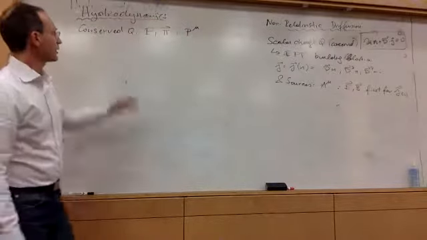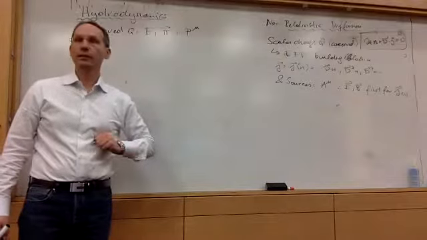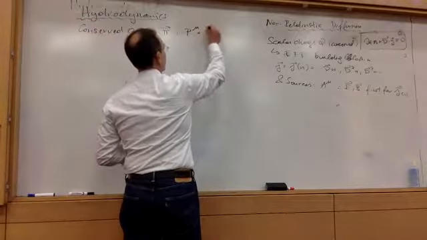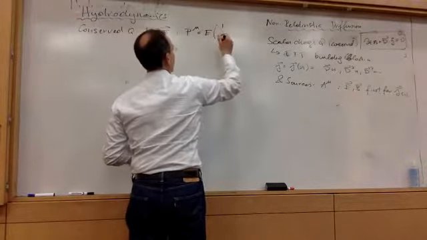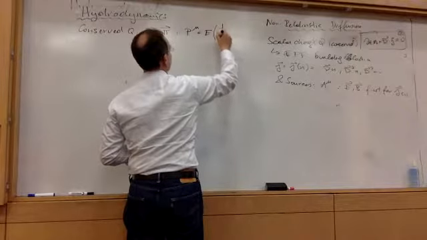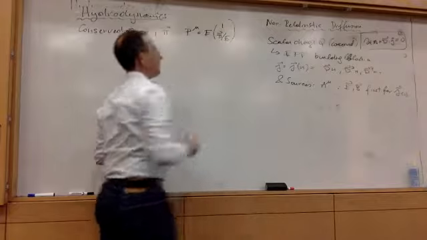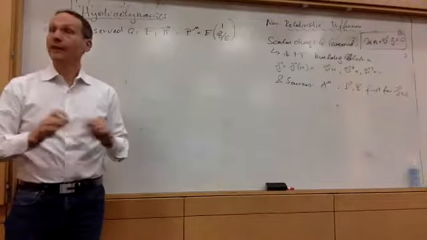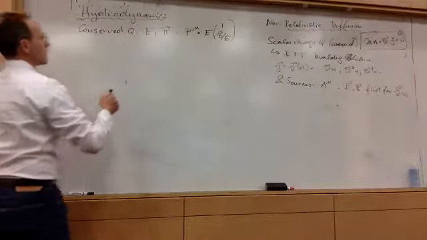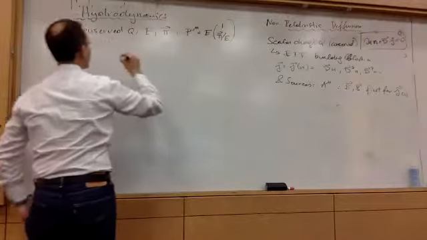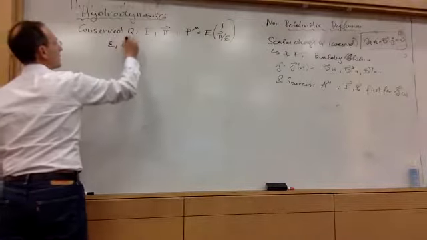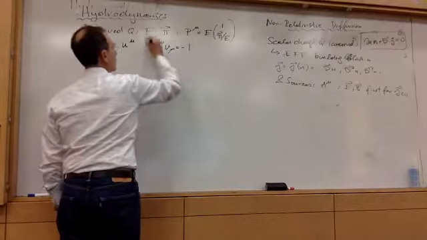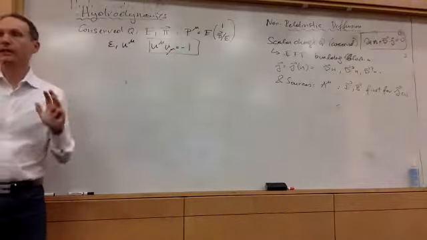It would be perfectly fine to use what I just wrote down here as building blocks. For historic reasons, however, I chose to write this such that I take out the energy. And then what I have here is the momentum density divided by the energy, which formally has mass dimension 0. So this is more like a dimensionless vector. Long story short, instead of using the 4 momentum here, I use the energy density and a 4 vector u mu, which is normalized in a particular way to have 4 degrees of freedom that have exactly the same character.